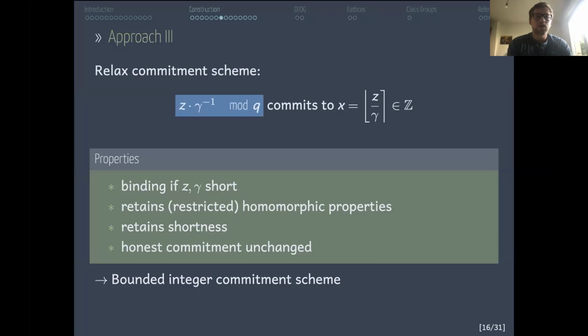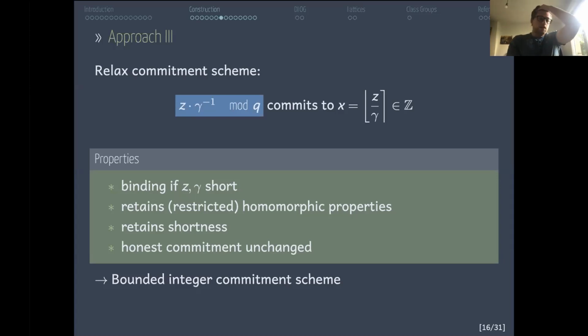We can still commit to all integers that lie inside the bound that we set up the integer commitment for. But as soon as the integer that we need to commit to is too large with respect to the modulus, then this approach won't work anymore, because again we will have overflows, and this will lead to a lot of problems.